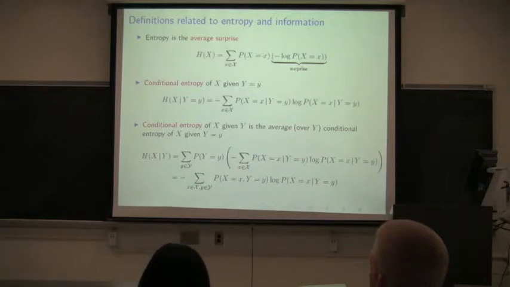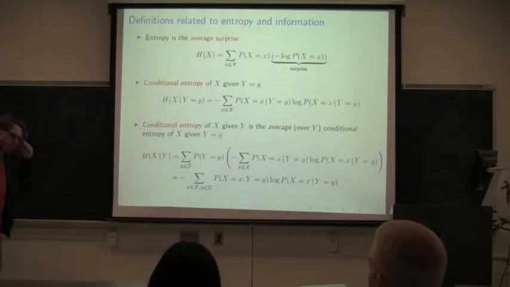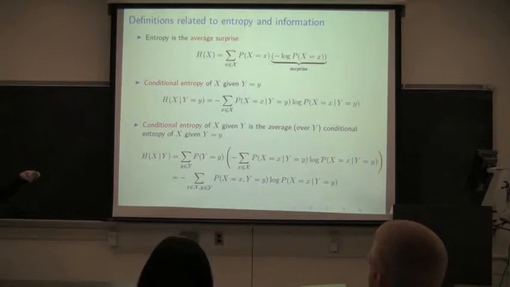Think of the distribution as maximizing the entropy. If there's only one possible value, then I don't need to transmit anything. So you're first installing the decoder on the other side, and you don't need to send anything.